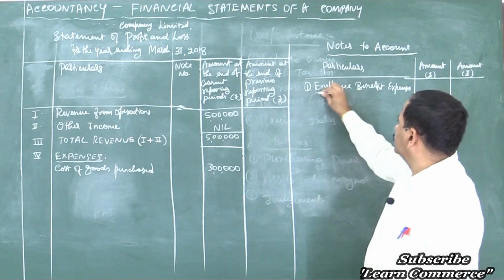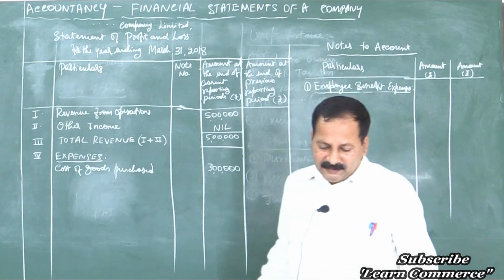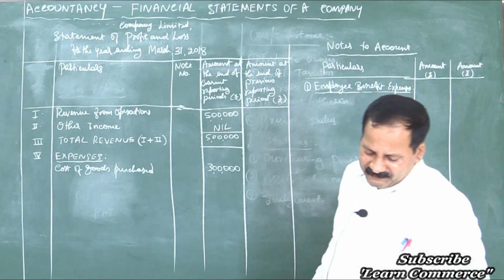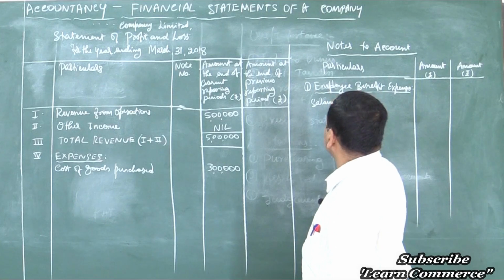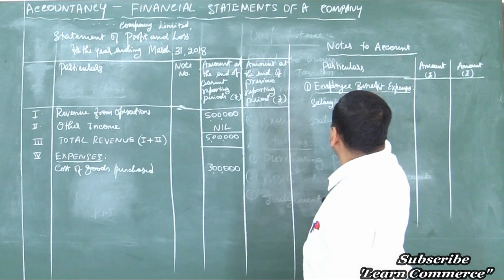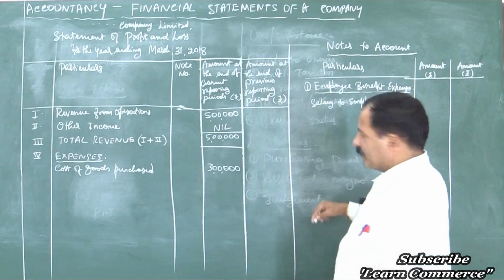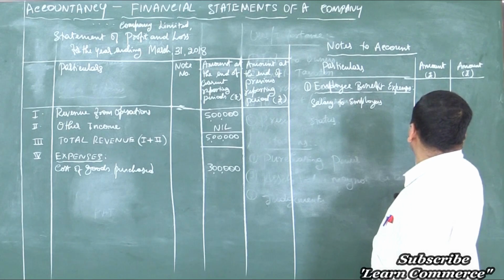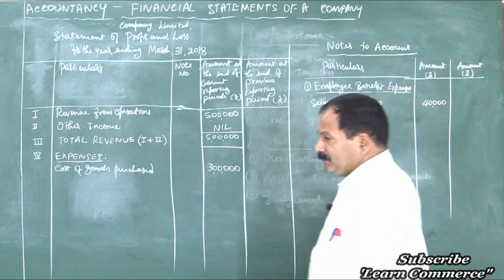Under that, write both the items, that is salary to employees 40,000. Inner column.